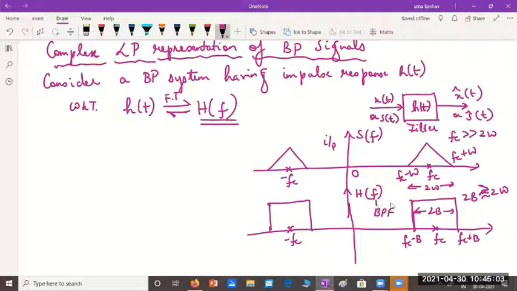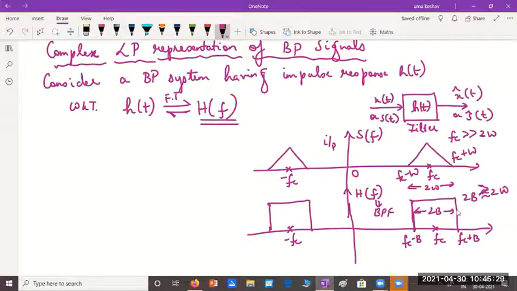This H of f acts like a bandpass filter and its transfer function is as shown. I hope this will give you some clarity to what the signal is and what its frequency spectrum is, and what the Hilbert transformer filter is and how its spectrum looks.